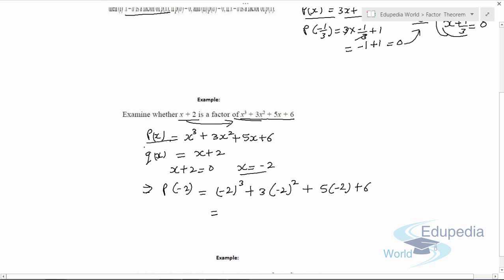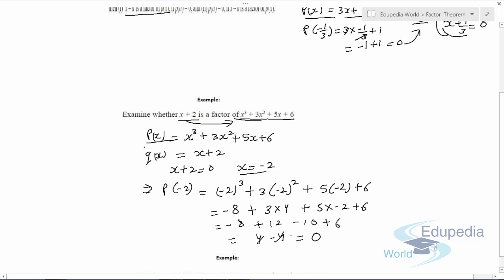So this comes out to be minus 8 plus 3 into 4 plus 5 into minus 2 plus 6, which is minus 8 plus 12 minus 10 plus 6. The answer is 4 minus 4, which equals 0.